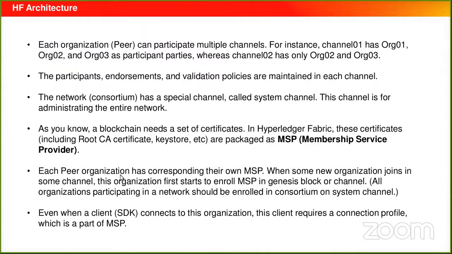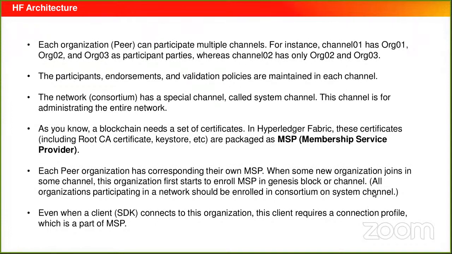Each peer organization can have its own MSP too, but you have to understand that in Fabric everything is a hierarchy, from the top admin down to the individual members. When a new organization joins this system channel, the organization first enrolls its MSP in the genesis block or channel. The genesis block is the initial block of the ledger, and all organizations participating in the network should be enrolled in the consortium on that system channel.